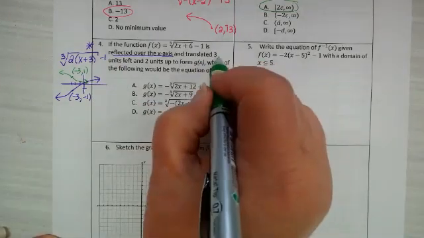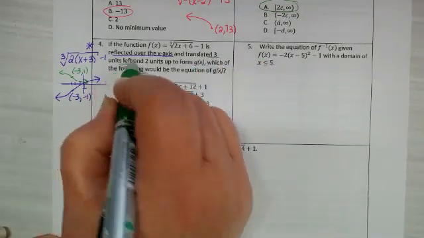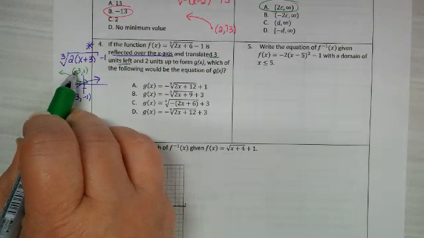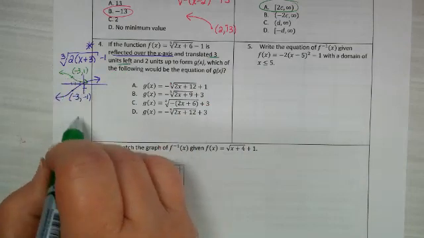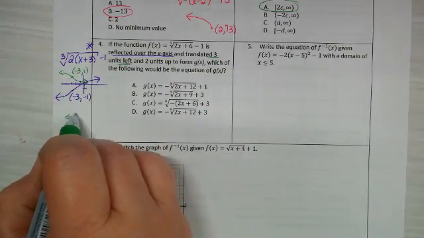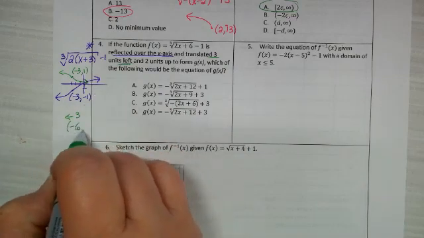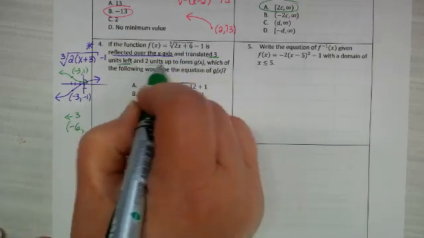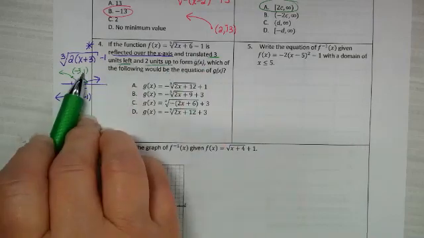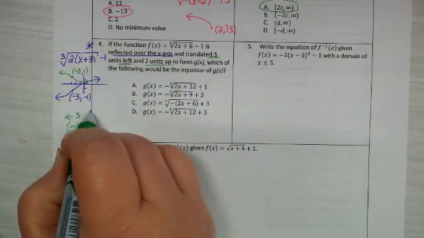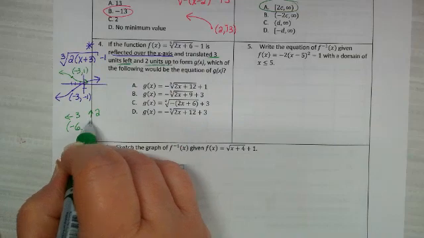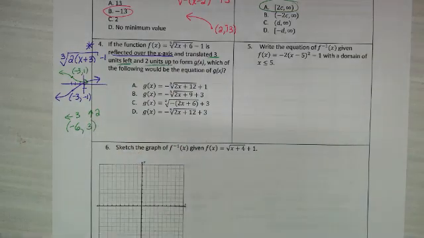I'm going to go 3 units left. So if I'm at negative 3, 1, and I go 3 units to the left, I'm now at negative 6. And then I'm going to go 2 units up. I was at 1. Now I'm going to go 2 units up. And so now I'm at 3.